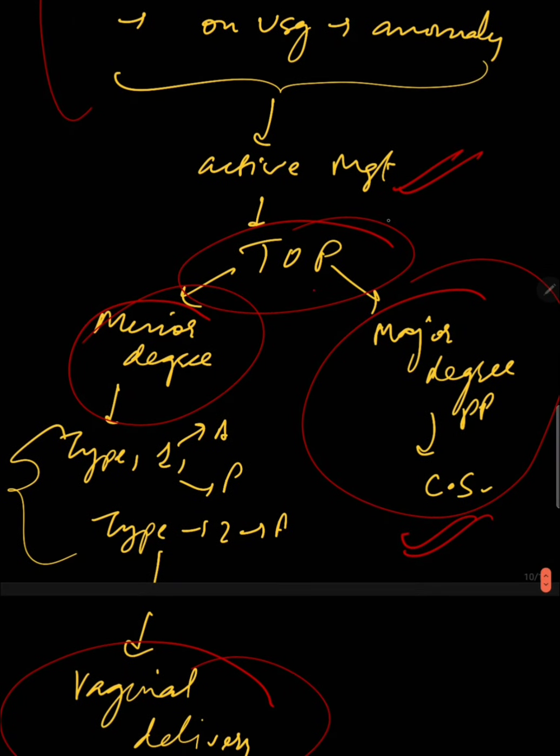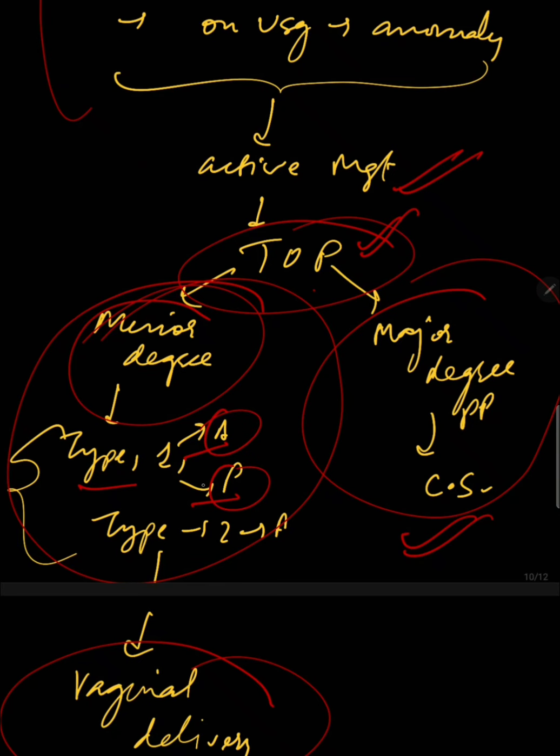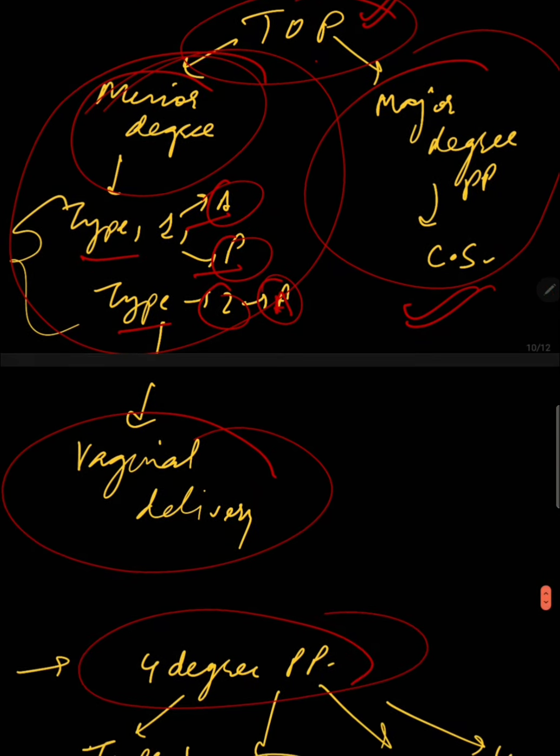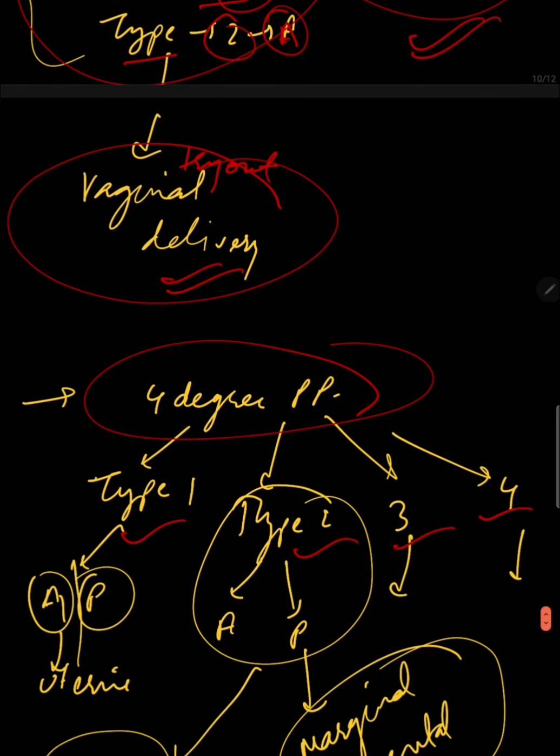We'll try vaginal delivery if it is a minor degree placenta previa, type 1 anterior and posterior, or type 2 anterior. But if it is a major degree placenta previa, we'll go with cesarean section. There is no other option, so it is the first choice.